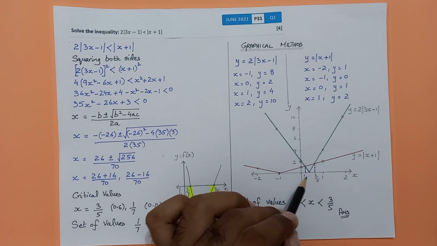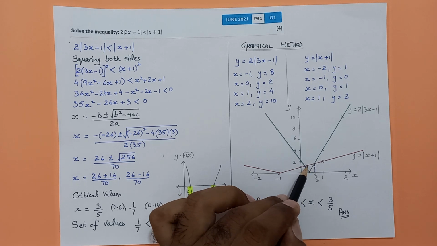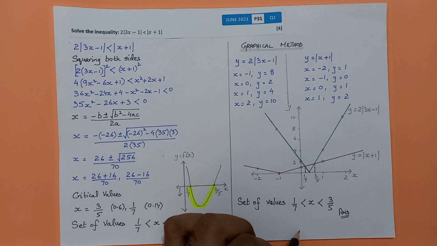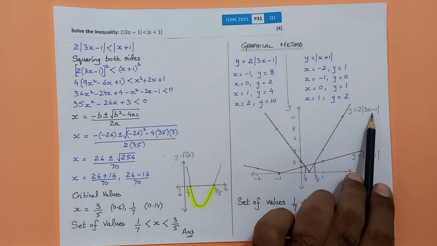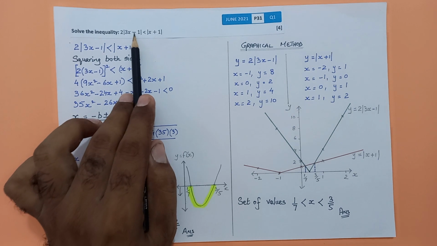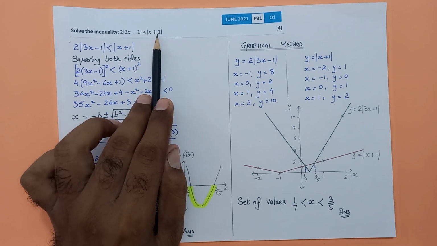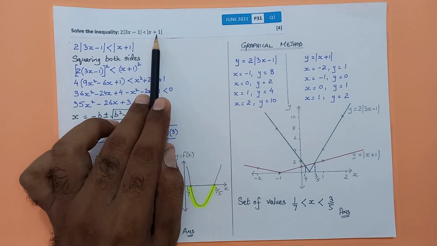And if we take any value in between 1/7 and 3/5, the red line is above the green line. Now we know that the green line is represented by this inequality, which is the first one, and this is representing the red line. So the green line is less than the red line.